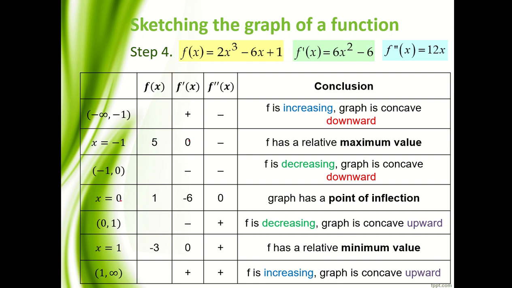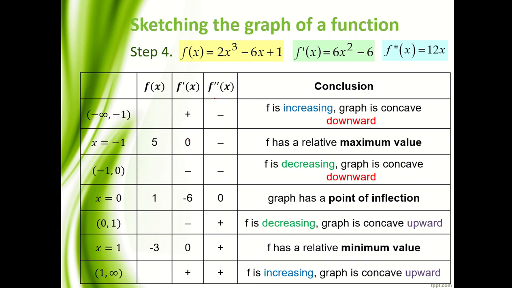Now for x equal to 0, again we have a critical point here. At x equal to 0, substitute x equal to 0 to the function, and it will give us 1. Then solving for f prime of x, it gives us negative 6, so our f prime of x is negative.